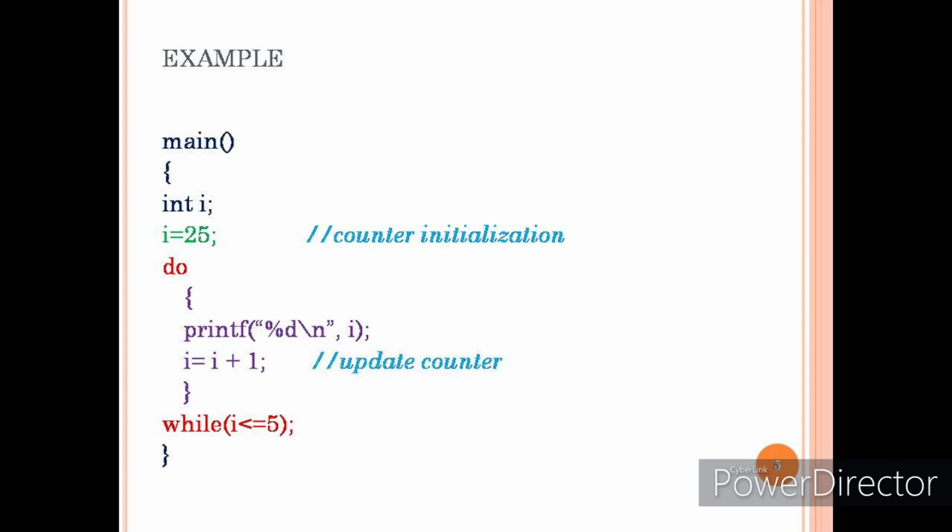But here it is very clear that once the statements inside the do loop are executed, what would the program output be? The output of the program will be 25. So this way the do loop is different from the while loop and for loop.